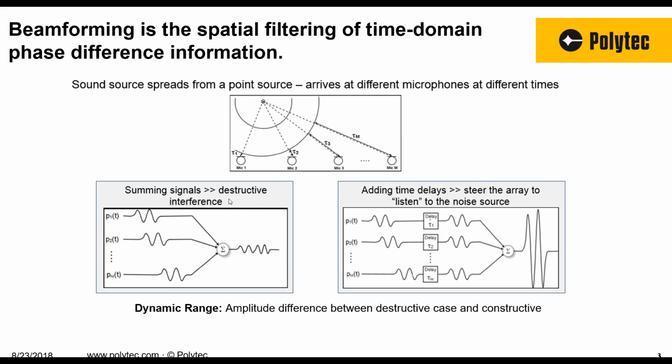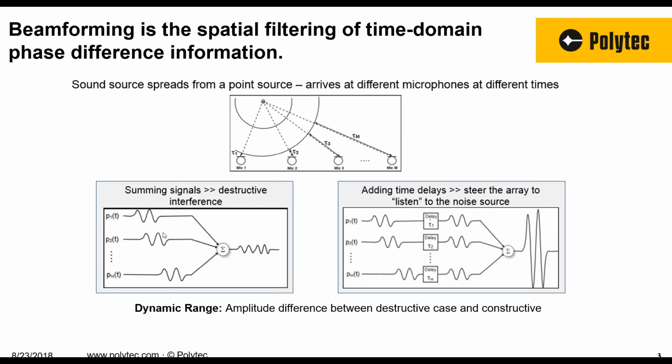Due to the runtime delay of the sound source hitting the microphones, you're going to have that impulse arrive at the microphones at different times. And this is what this is showing here. We have that same impulse, but due to the distance from the sound source that varies between microphones, it's going to hit the microphones at different times.